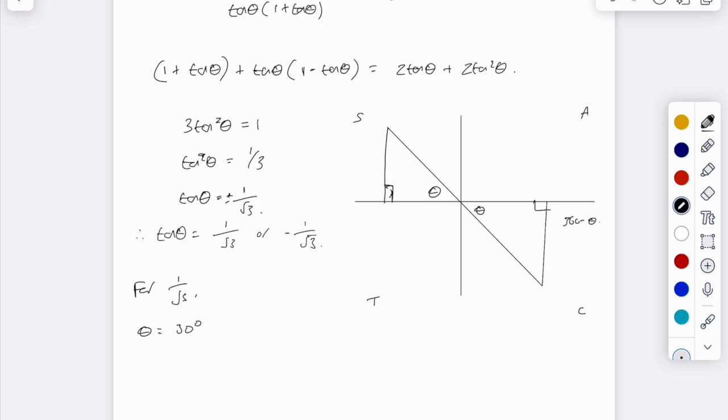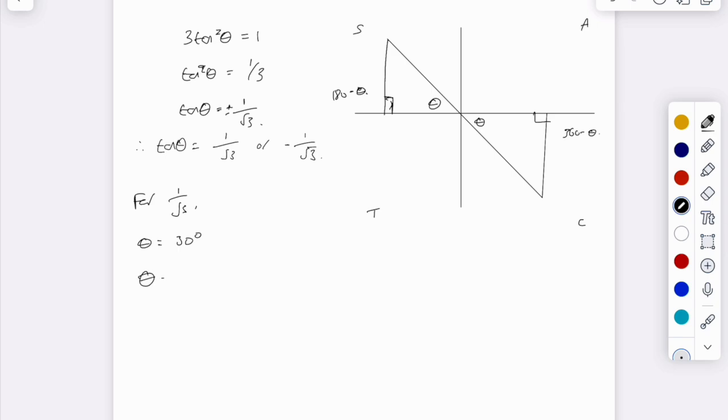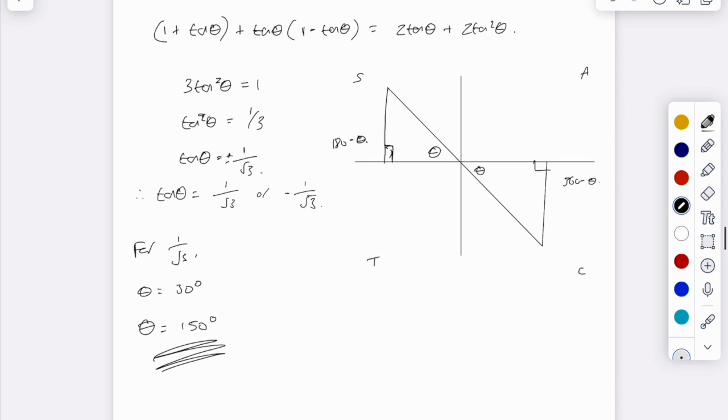Okay, so 360 minus 30 degrees. Well, that's obviously out of the bounds. But over here, we've got 180 minus theta, right? That's going to equal 150 degrees, and that is within the bounds. Okay, so therefore, for this question, the answer is going to equal 30 degrees or 150 degrees.